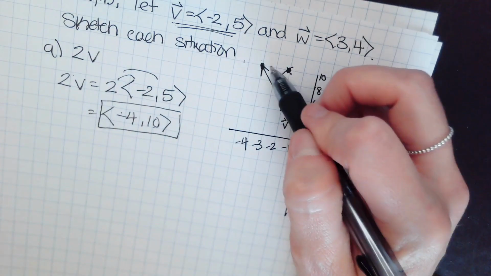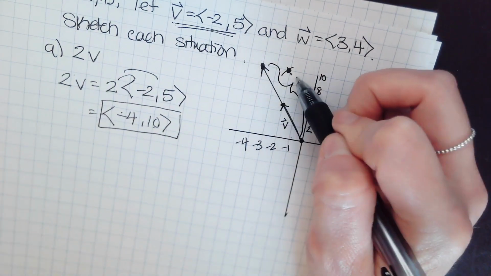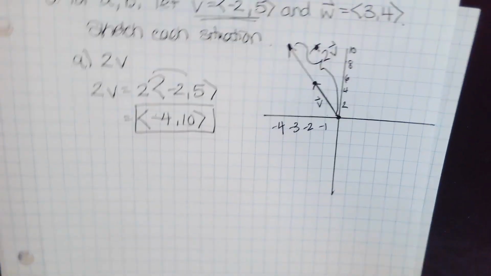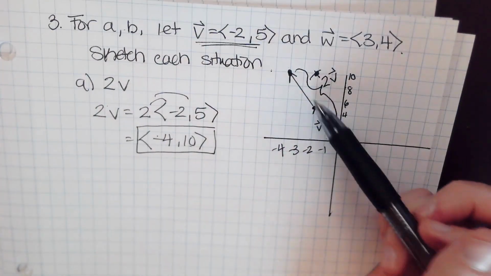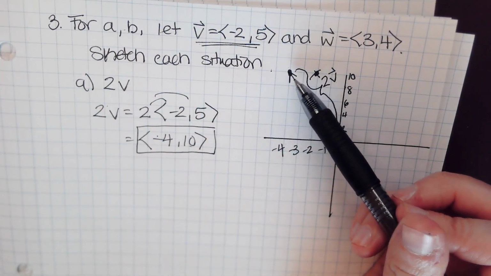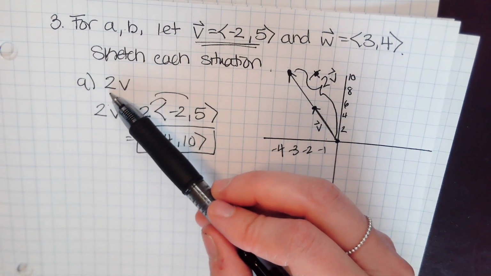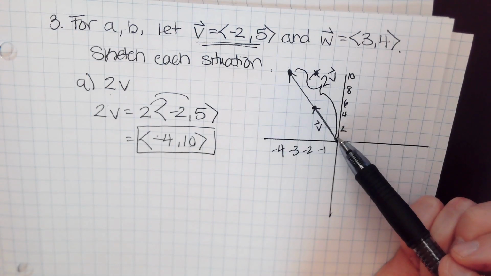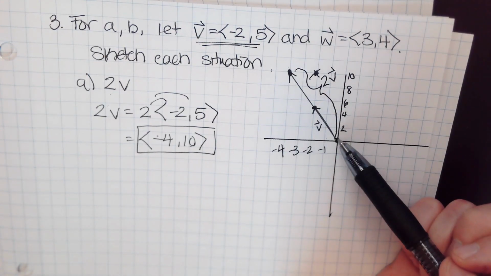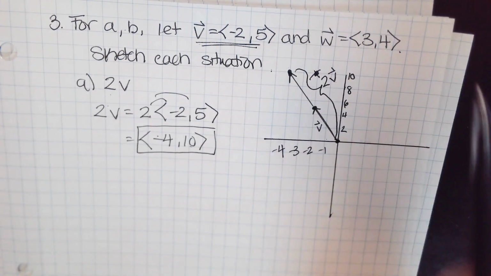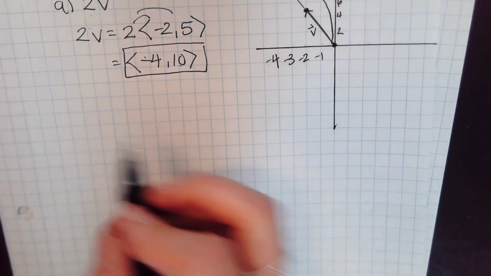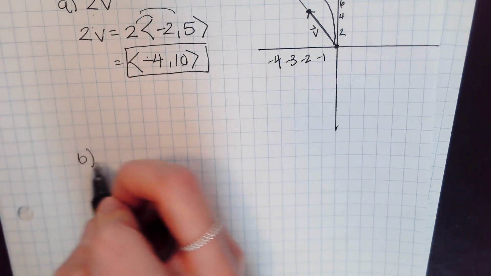That whole vector right here would be your vector 2 times vector v. So notice they're still in the same direction because we multiplied it by a positive scalar quantity. Scalar just means a number. And it's double the length. So original was here, but now it's the same direction, but now it's twice the length. So that's what's happening when you multiply it by a scalar quantity.